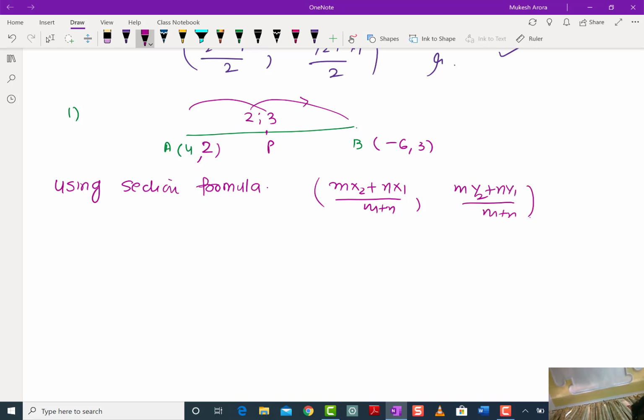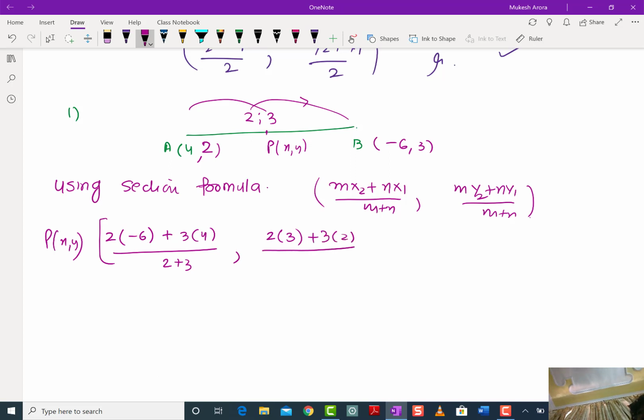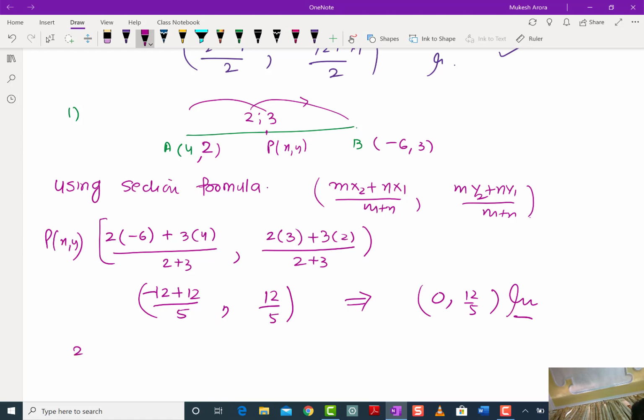So this is (2 into -6 + 3 into 4)/(2 + 3), comma, (2 into 3 + 3 into 2)/(2 + 3). So this is (-12 + 12)/5, comma, (6 + 6)/5, which is 12 by 5. So the coordinates are (0, 12/5). This is the answer of this question.